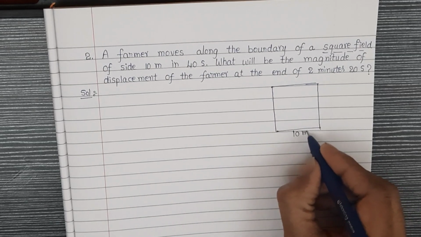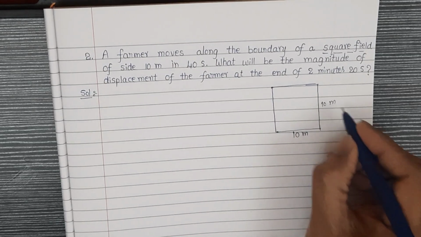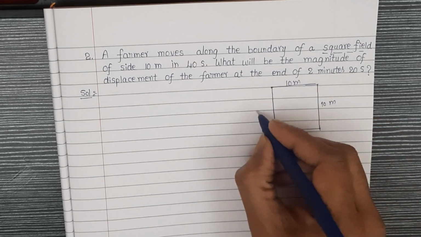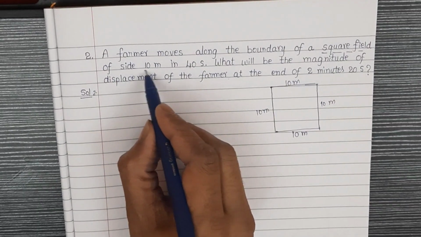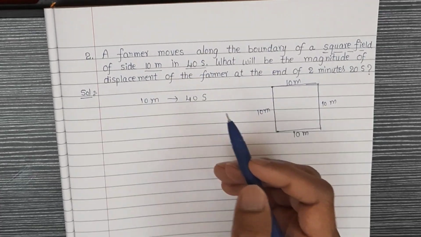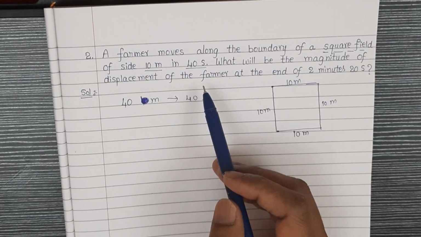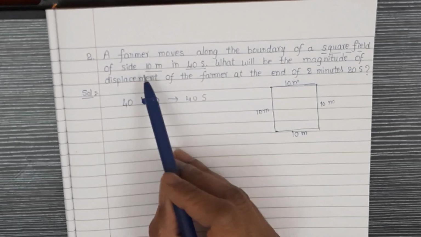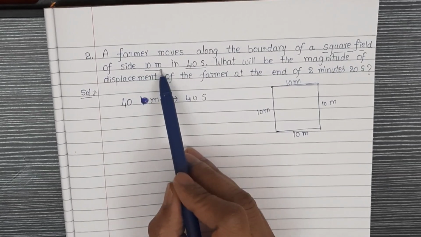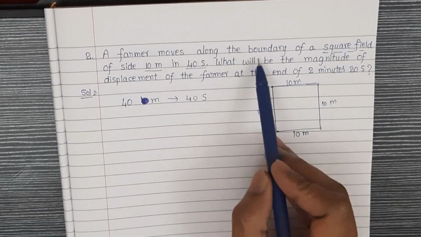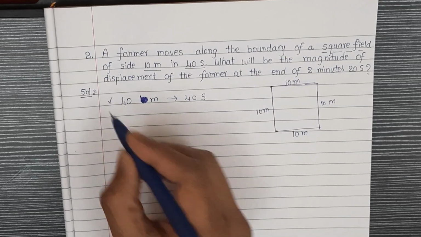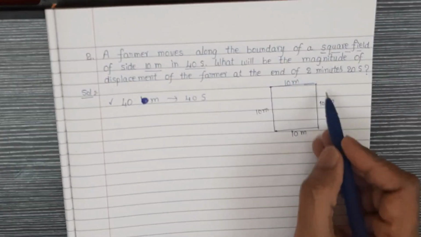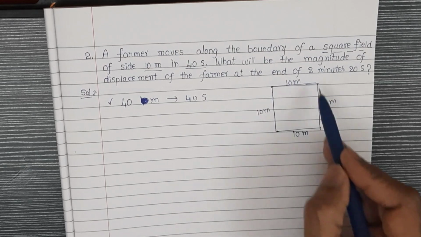We are all aware each side is the same in a square, so 10 meter. Look at the data given: a square of side 10 meter, and he is covering one full round in 40 seconds. That means 40 meter, nothing but the perimeter of the square, which is 10 plus 10 plus 10 plus 10.